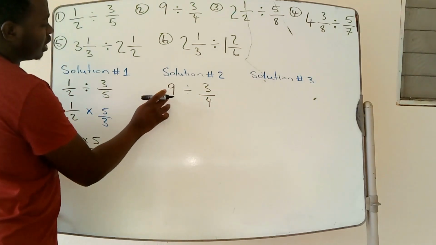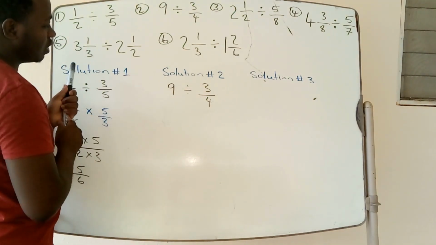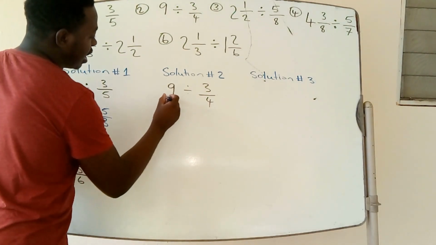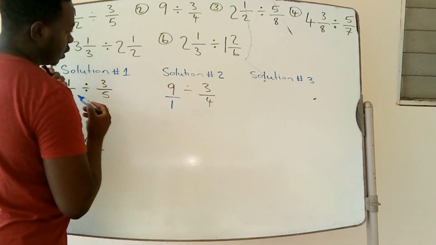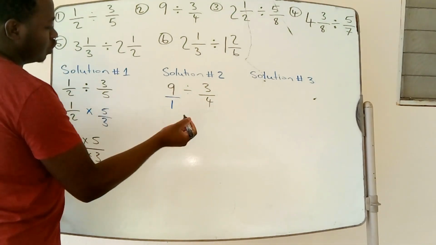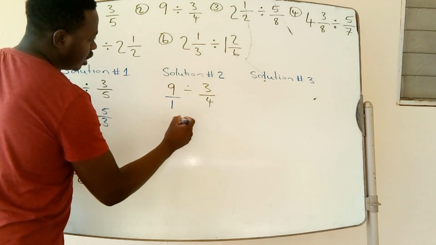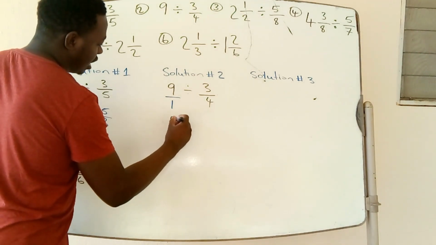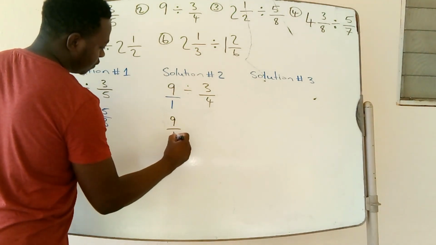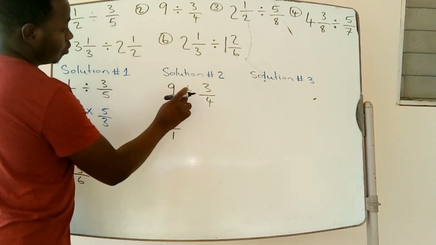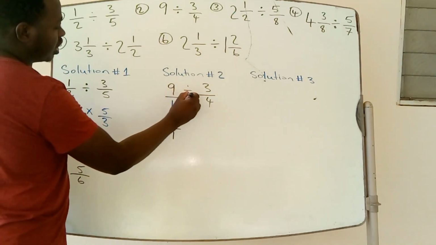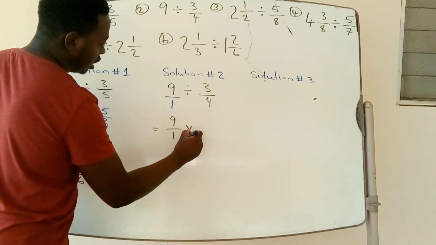Now remember that 9 by itself is the same thing as 9 over 1. So what we're going to do, step 1, we're going to keep the first fraction, which is 9 over 1. Step 2, we're going to change the division sign to multiplication.